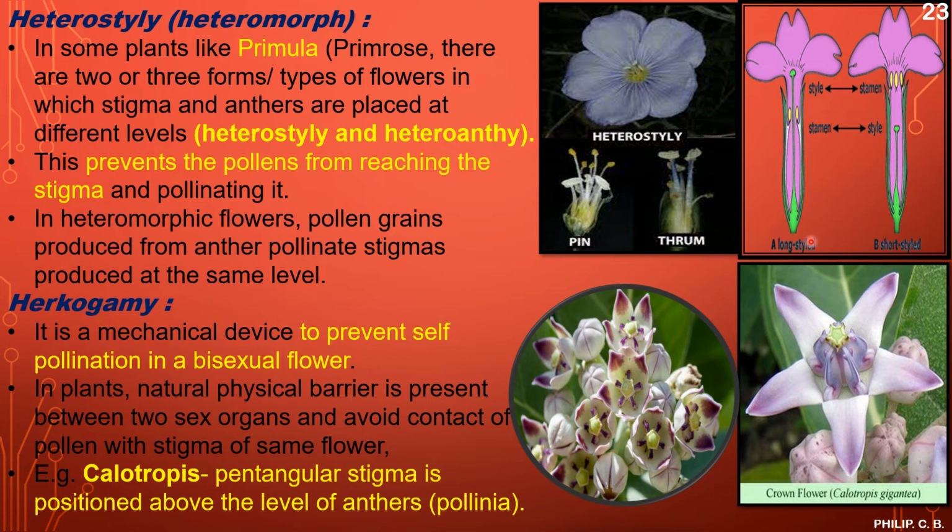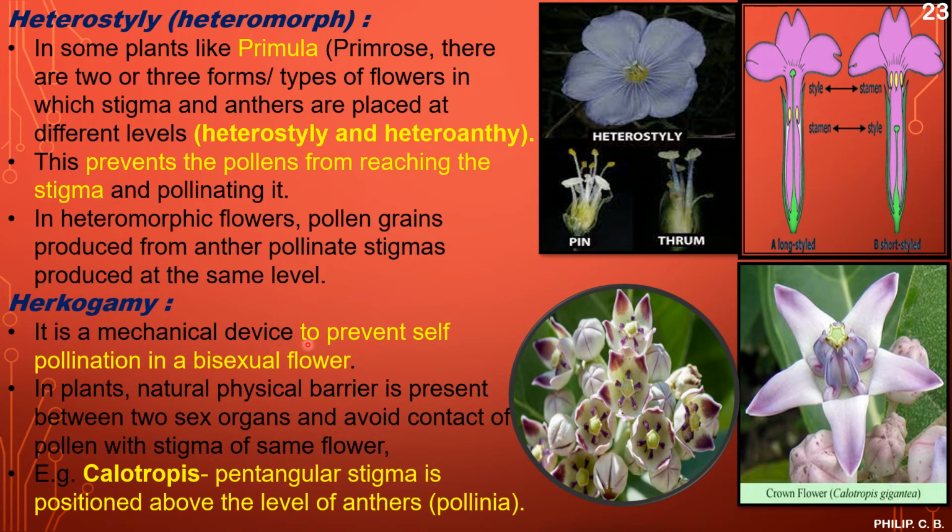In long style, the style is longer and the stamen is shorter. In the other case, the style is shorter and the stamen is longer. This prevents the pollen from reaching the stigma and pollinating, so it is one way of avoiding self-pollination. In heteromorphic flowers, pollen grains produced from anthers pollinate stigmas produced at the same level.